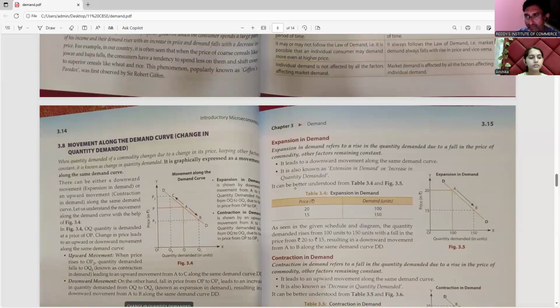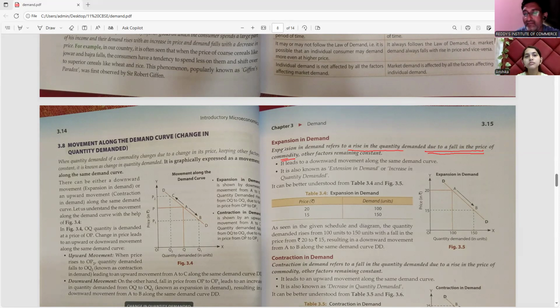In this situation, expansion in demand refers to a rise in quantity demanded due to a fall in the price of the commodity. But at the same time, you need to remember other factors will remain constant. They will not be changed. Only the price factor will be changed.